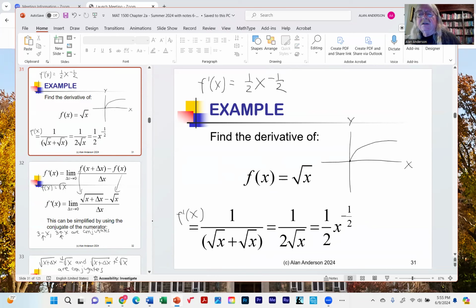So let's say I need to know the slope of this curve when x equals 3. Okay. So what I would do then is solve for f prime of 3. Whatever that is.